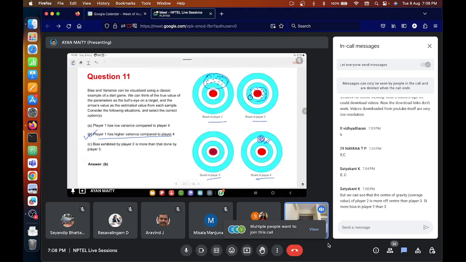And in case of player 2, though the variance is high, the points are very much close to the actual target value, so the bias would be low, because bias takes the expectation of the difference between the actual value and predicted value. If you take expectation, then even though the values are very much spread out, in case of player 2, the bias would come low. So that's why option B is the correct answer.